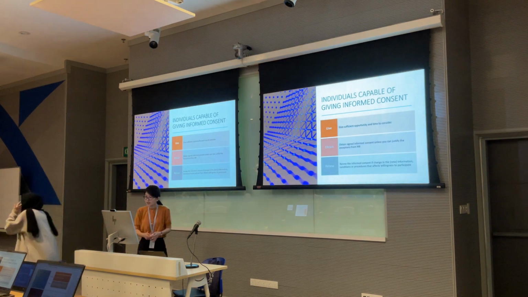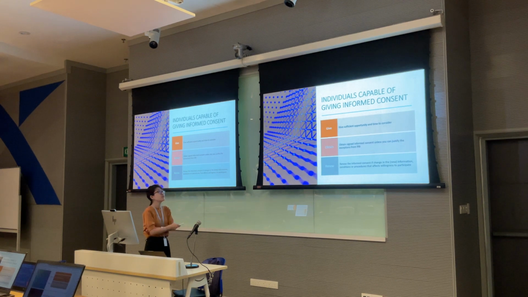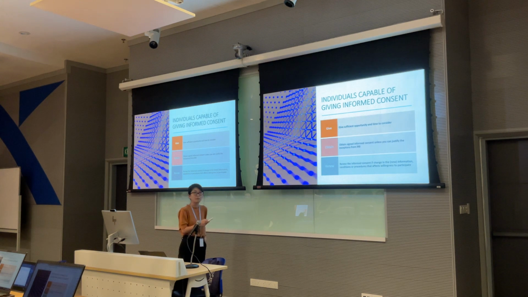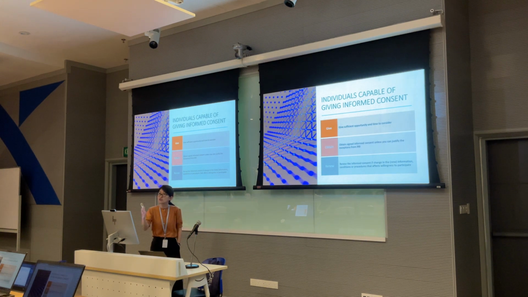Please make sure you give sufficient opportunity and time for them to consider their decision, and then obtain consent. It is the normal procedure to obtain a signed form, not a verbal agreement.